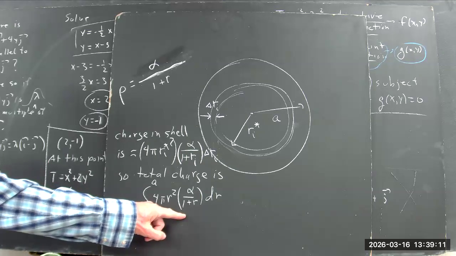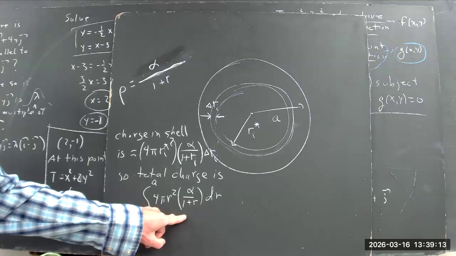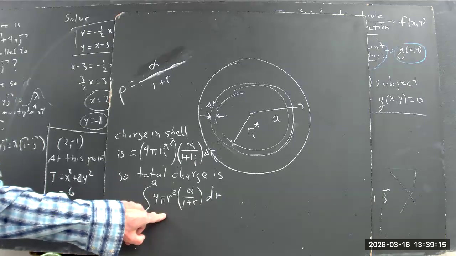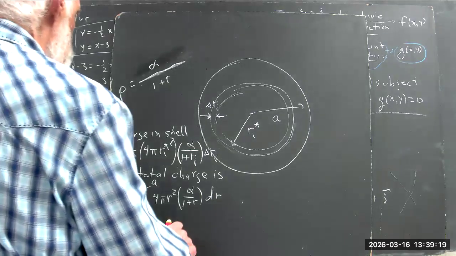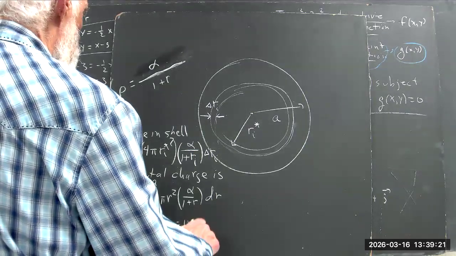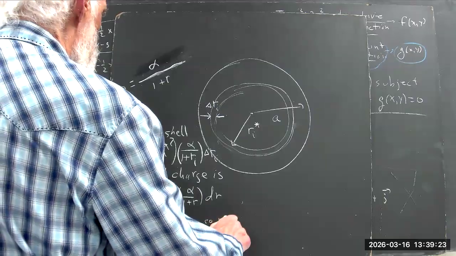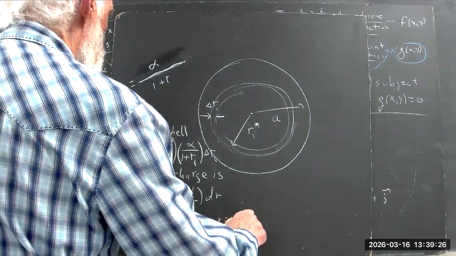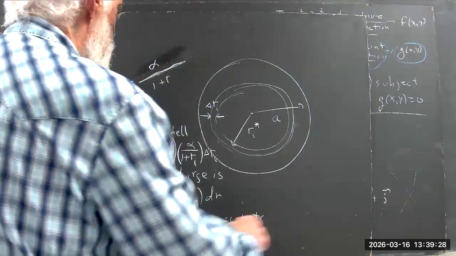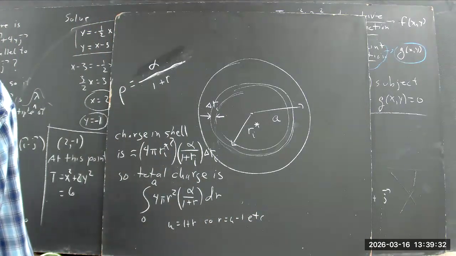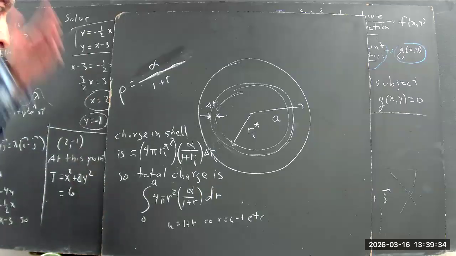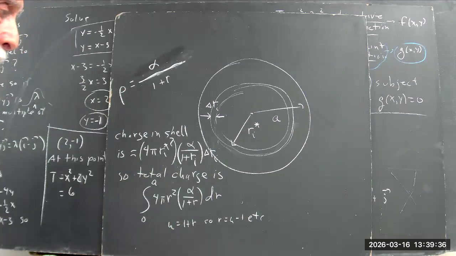Let u equal 1 plus R, so that R is u minus 1 and R squared is u minus 1 squared. Very easy integral. Not trivial, but very easy. 4 pi comes out, alpha comes out.